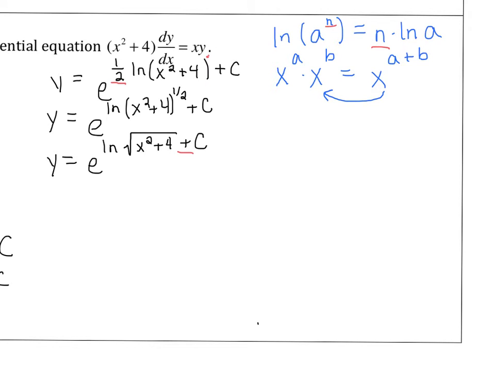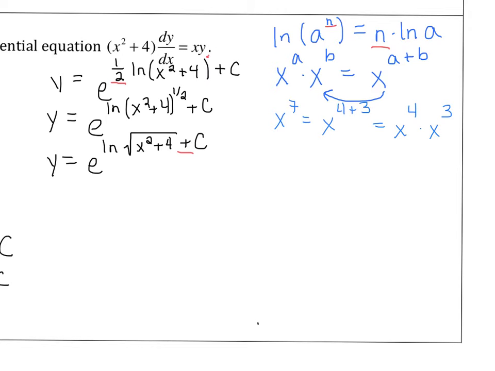For example, if I had x to the 7th, I could say that is x to the 4 plus 3, and then rewrite that as x to the 4th times x to the 3rd. So I have to go from the sum of the exponents to a product of two like bases with those exponents. And that's exactly what we're going to do down here.